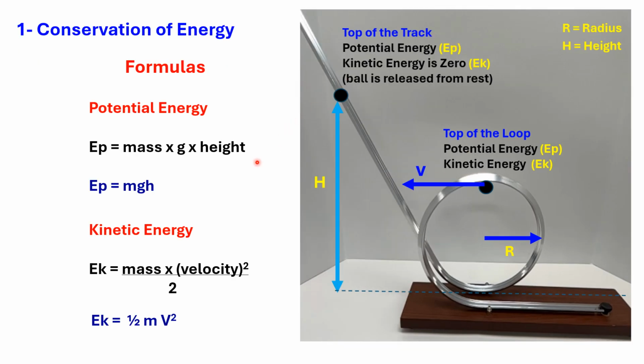Now we need the potential and kinetic energy formulas. Potential energy is the mass times acceleration of gravity times the height above the ground. And kinetic energy is half of the mass times the velocity squared.